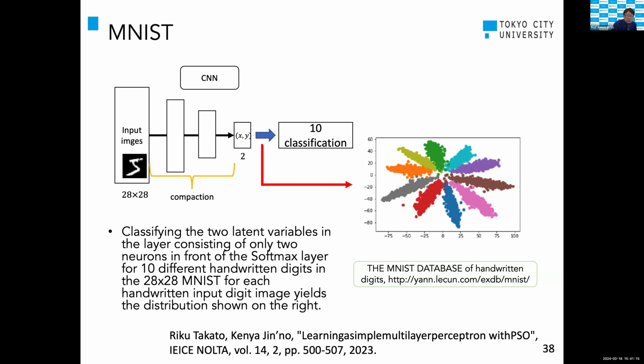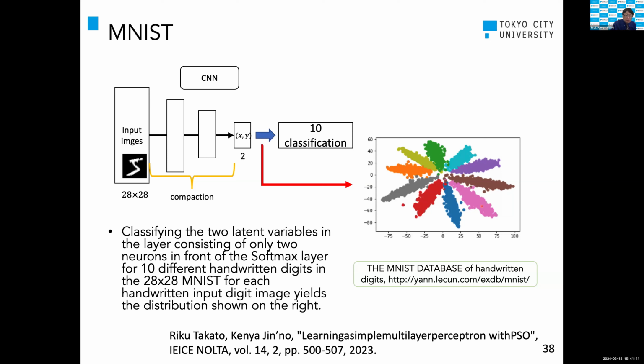In this process, the two-dimensional latent variables corresponding to each digit spread out in a radial function as shown in this figure. Each color in the data corresponds to each handwritten digit.